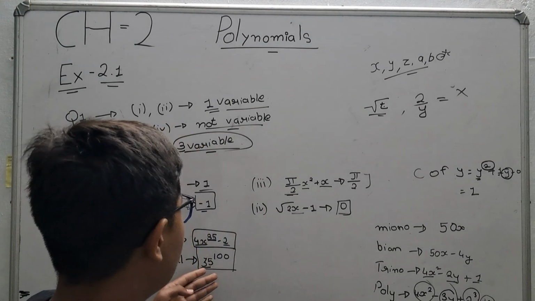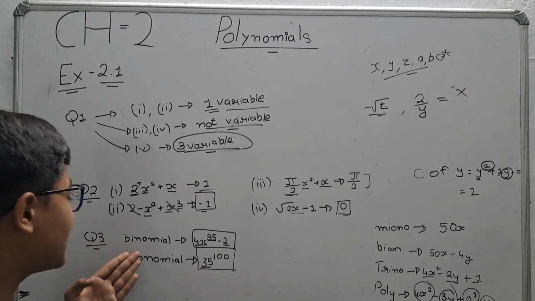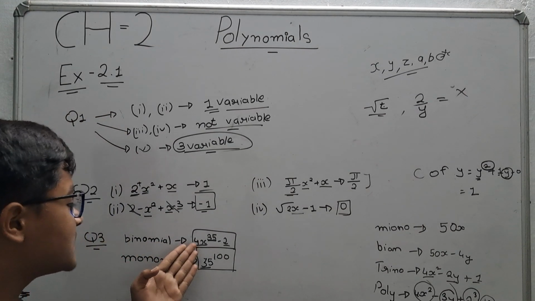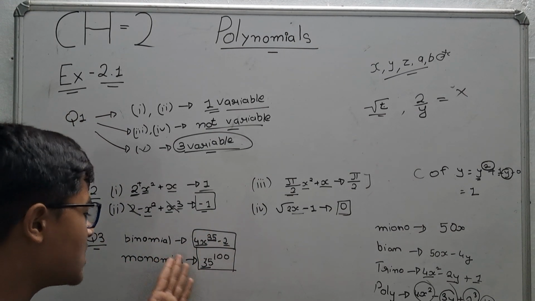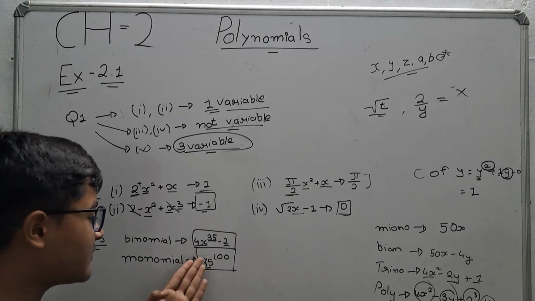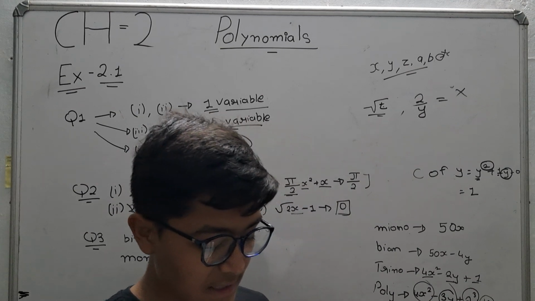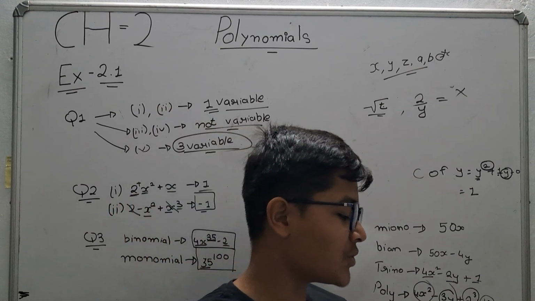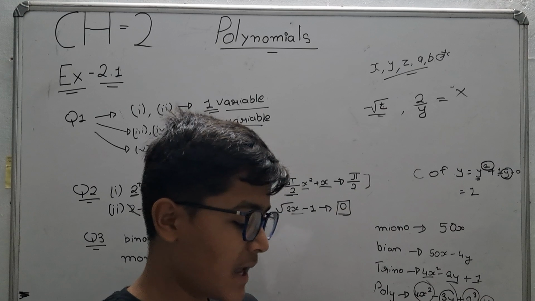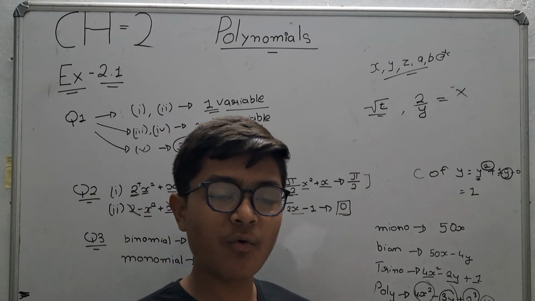Yes students, the binomial example is 4x power 35 minus 2, and the monomial example is x power 100. So let's see question 4 and question 5. Question 5 was too easy. I am just explaining, you have to do the homework.